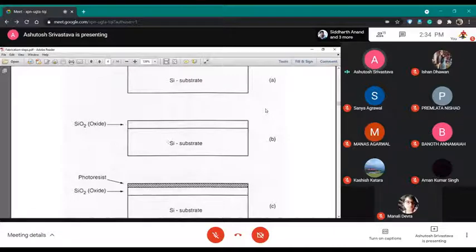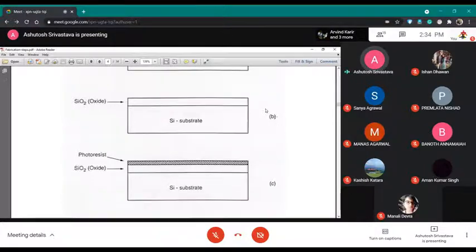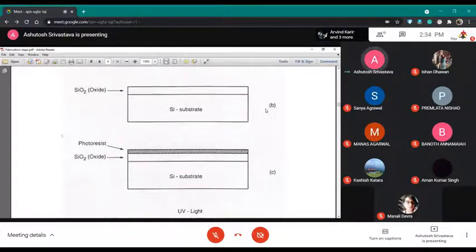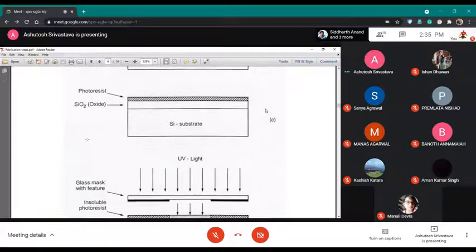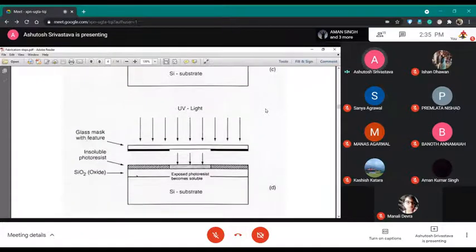Patterning is basically like you deposit it all over your substrate and then you put either a positive or a negative photoresist, and then you expose it to the ultraviolet light.